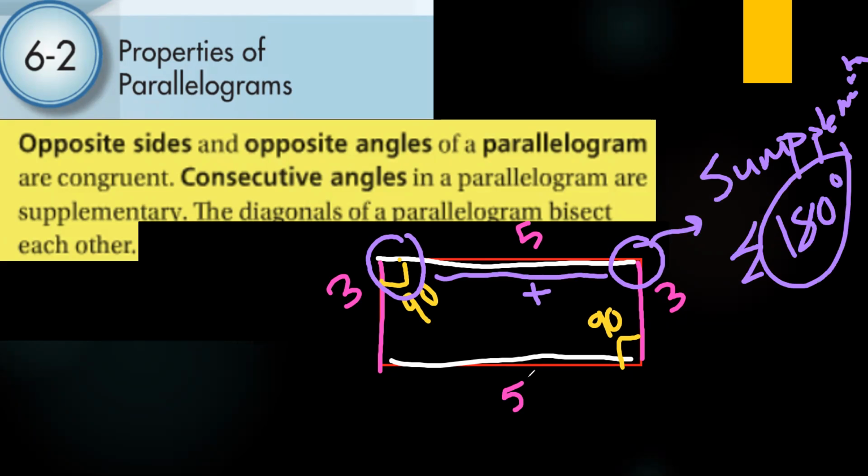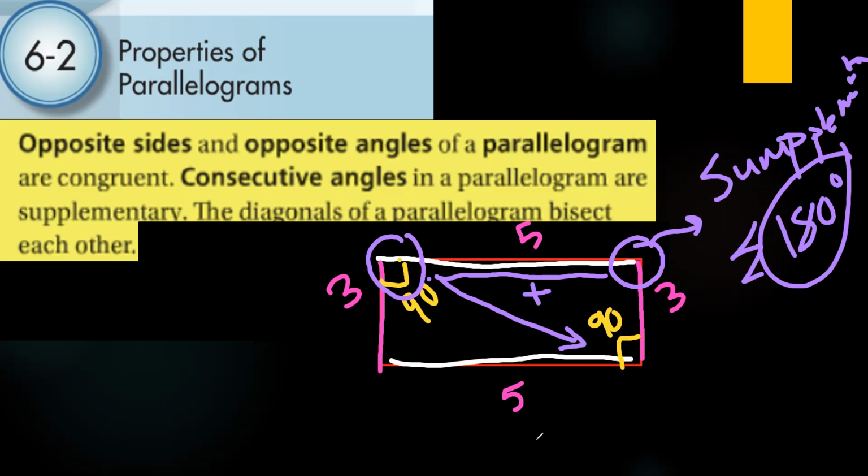We have two types, supplementary and complementary. Supplementary is 180, complementary is 90. So supplementary means that the summation of the angles on the same side is 180, and two angles that are opposite to each other have the same angle, or they are congruent.